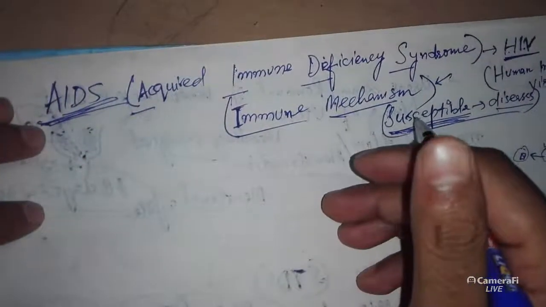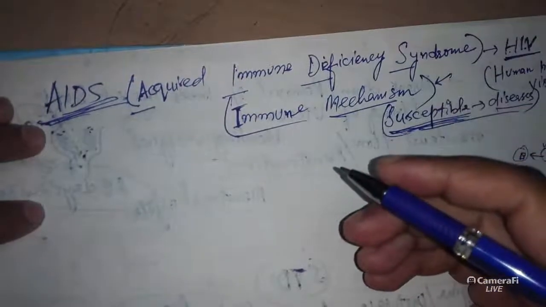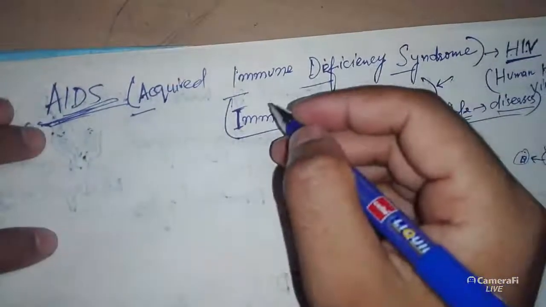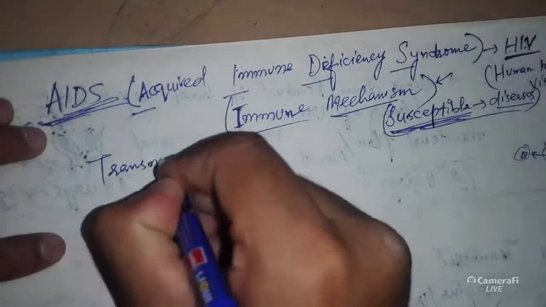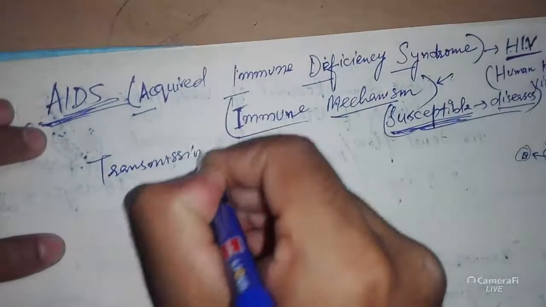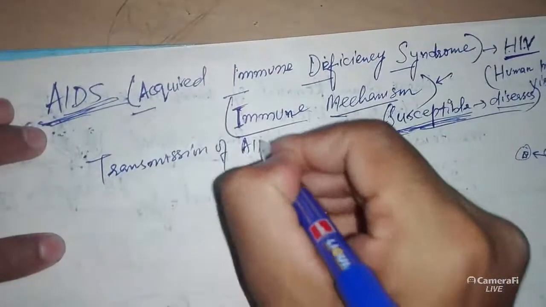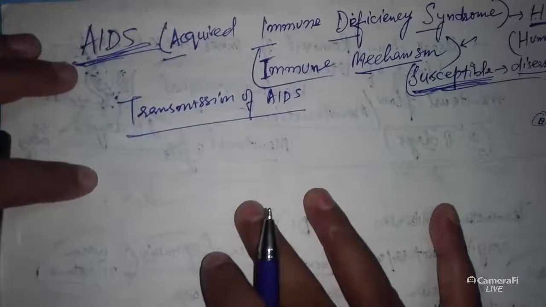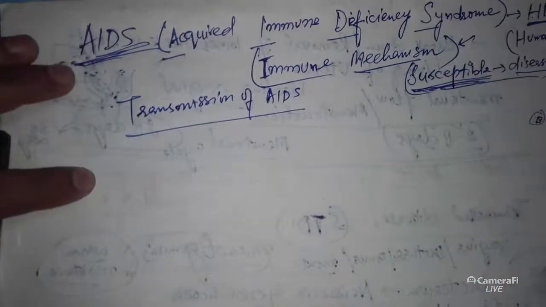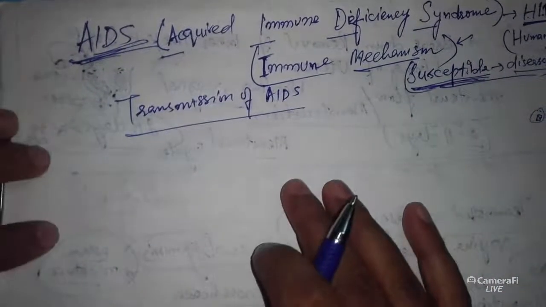Then let us see how AIDS is transmitted. Transmission of AIDS. How does AIDS transmit from the infected person to the healthy person? What are the different ways?